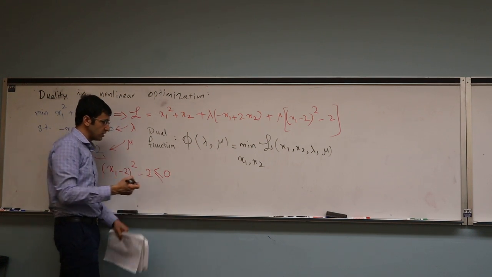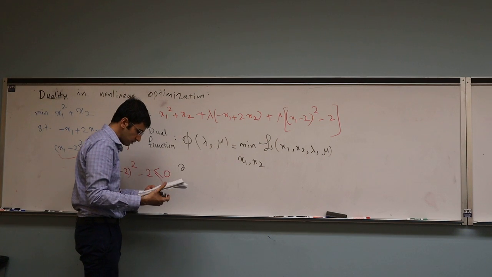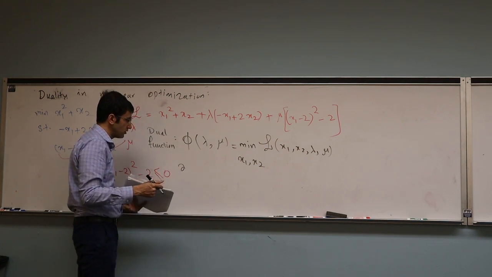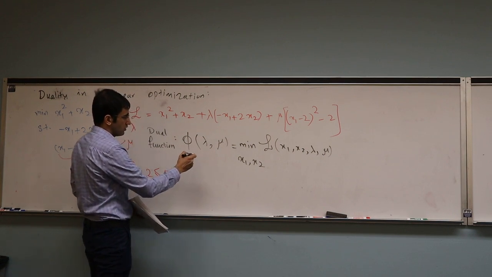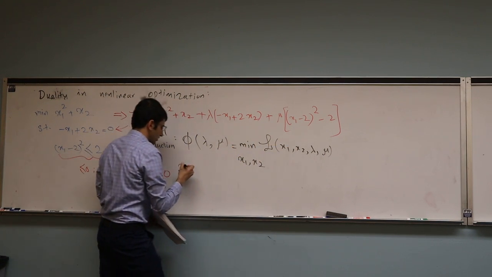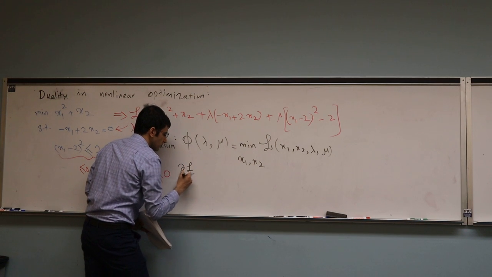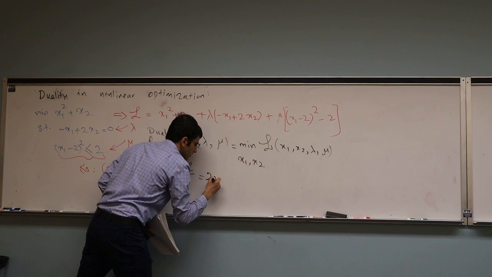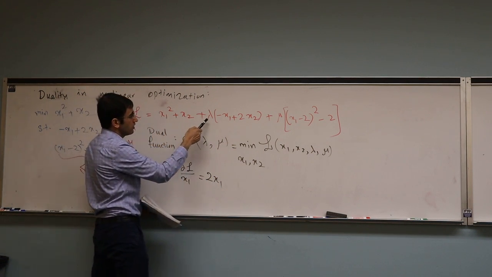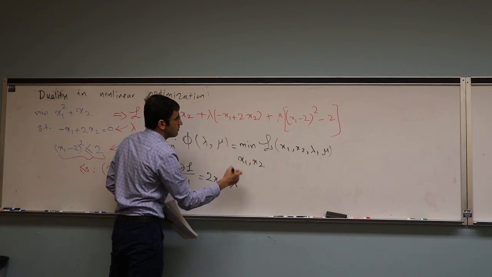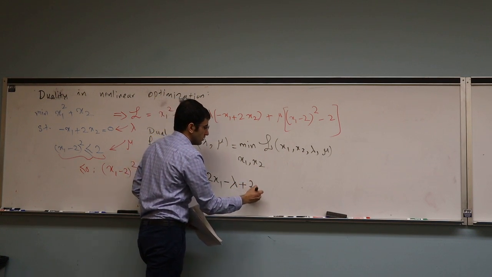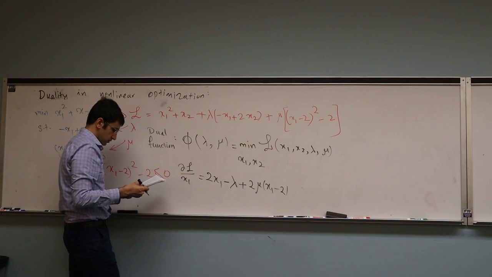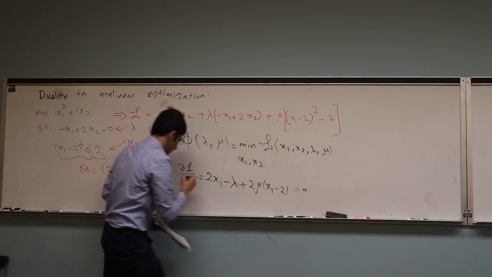So we find its derivative with respect to x1 and x2. The derivative of the Lagrangian with respect to x1 is 2x1 minus lambda plus 2 mu times x1 minus 2. This is equal to 0.